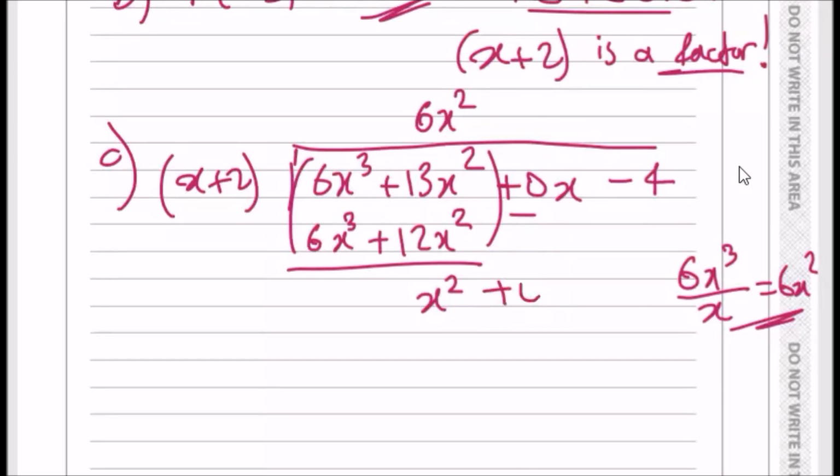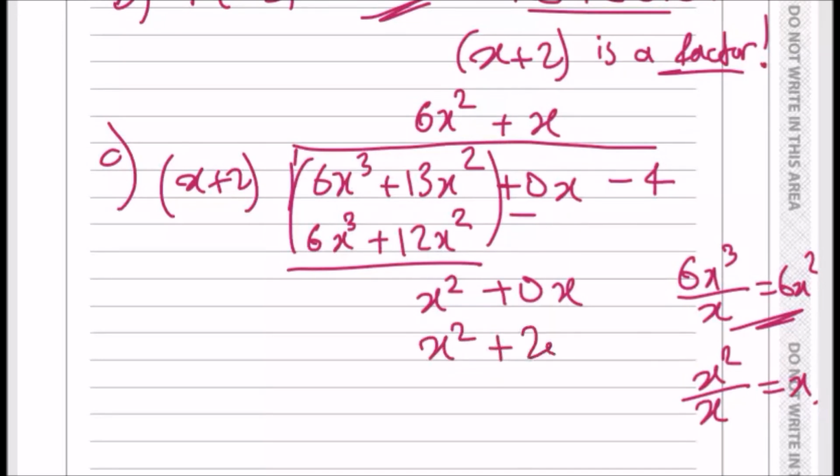Drop the 0x, so plus 0x, and repeat the process. How many times does x fit into x squared? Exactly x times. Again, x squared divided by x is x. Now multiply x by the factor and you should get x squared plus 2x. And now subtract it again.